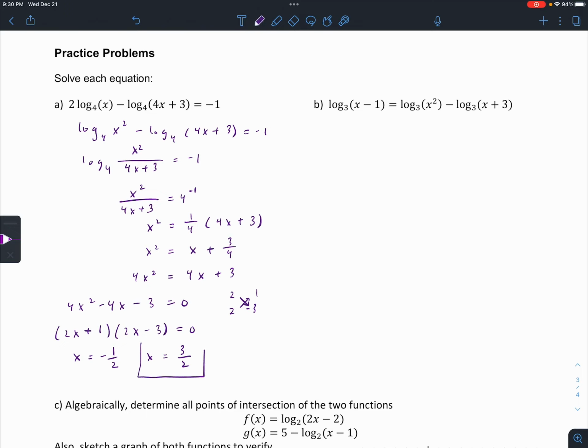So 3 over 2 should be fine for both of them if we substitute 3 over 2, and it's going to give us a positive value. So we exclude the negative 1/2, so it's an extraneous root. All right. Part B.